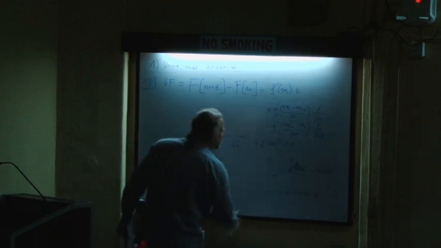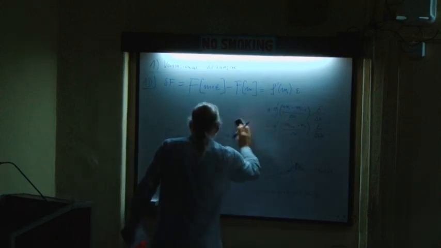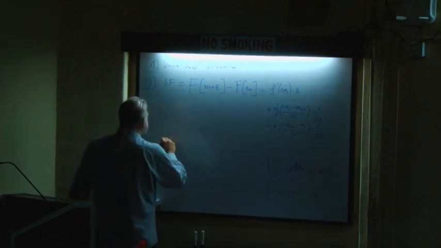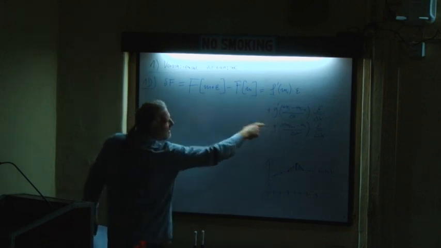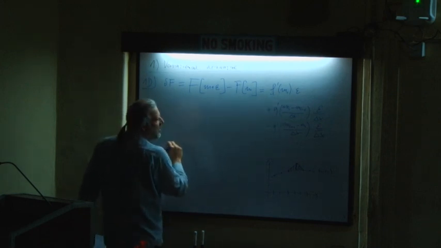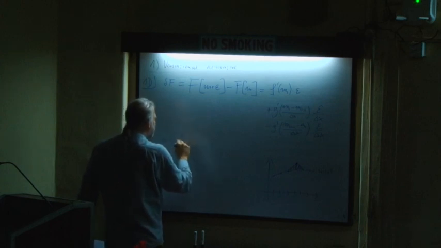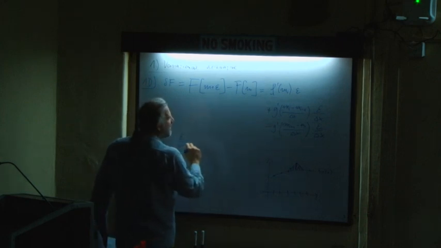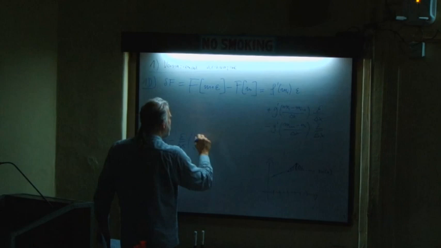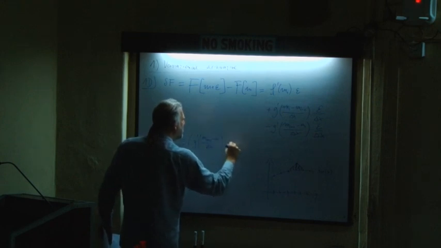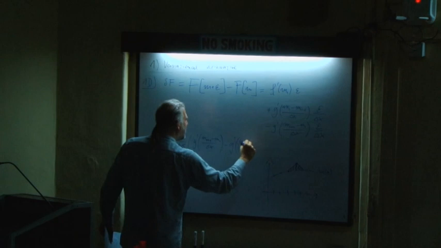Okay? So if I rewrite this, I will start with this term here. So I will have a minus sign, and then I have an epsilon over delta x. And here I have g prime of (m_{i+1} minus m_i) over delta x, minus g prime of (m_i minus m_{i-1}) over delta x.